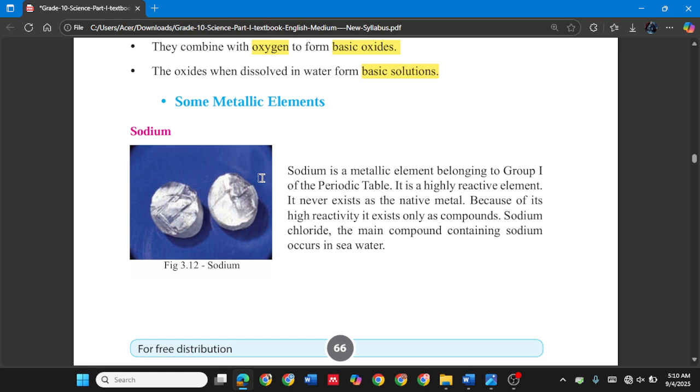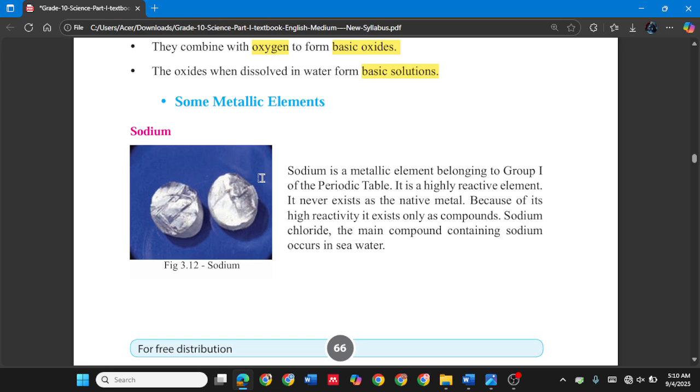Here we have sodium. Sodium is a metallic element belonging to group 1 of the periodic table. It is a highly reactive element. It never exists as a native metal. Due to its high reactivity, it can't stay in nature as a native metal.